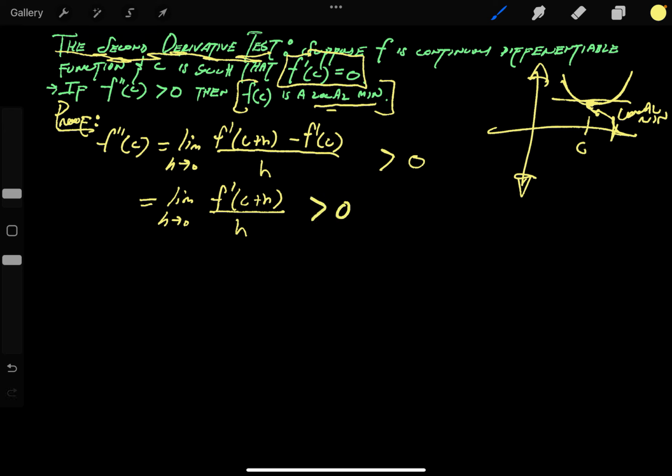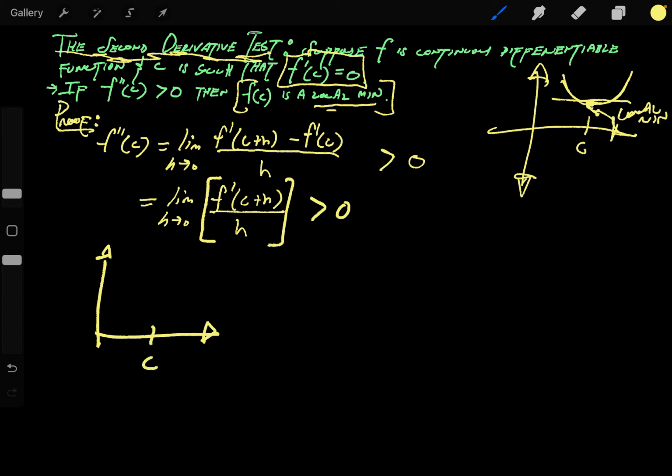Given the fact that this is greater than 0, you know that the left-hand limit has to equal the right-hand limit. So let's look at values to the left of c. Let's say here's c.